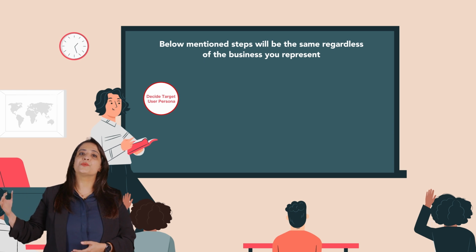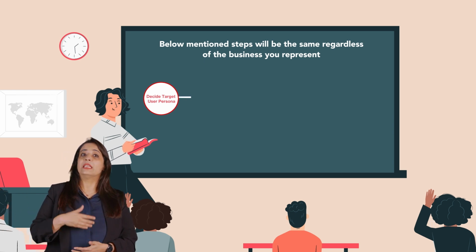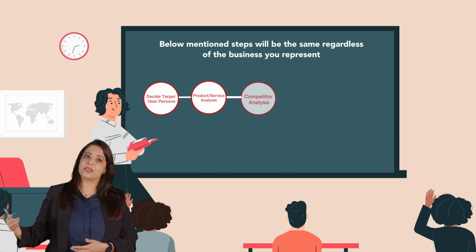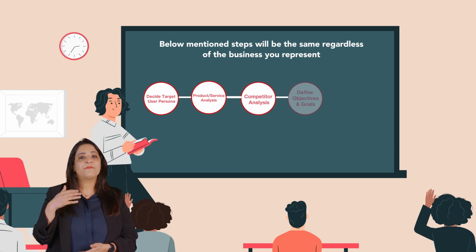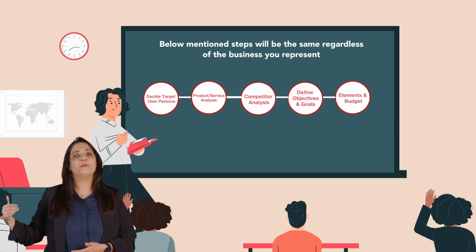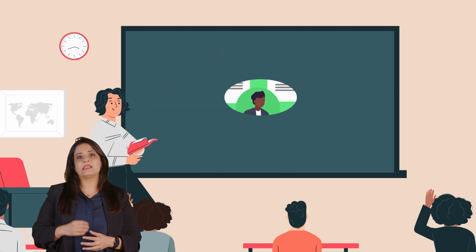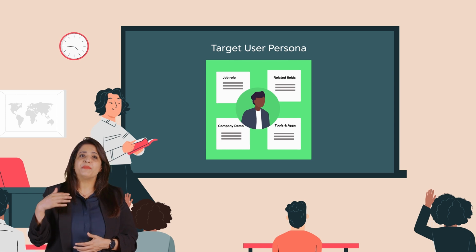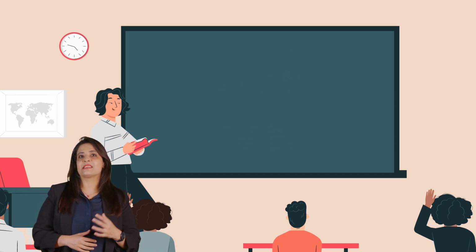Decide target user persona, the product and service analysis, competitor analysis, defining the objectives and goals, elements and budget. The first step is to decide the target user persona before even thinking about SEO.